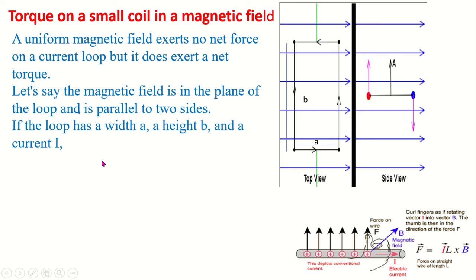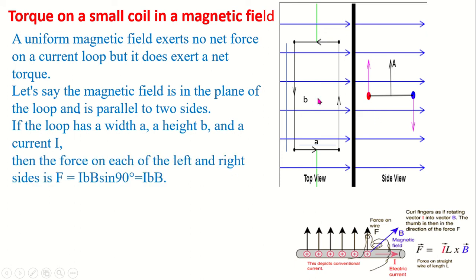Look at the left arm and the right arm: force will be experienced at these two arms. But look here and here, no force will be experienced, because this arm is parallel to the magnetic field, and this arm is also parallel to the magnetic field.